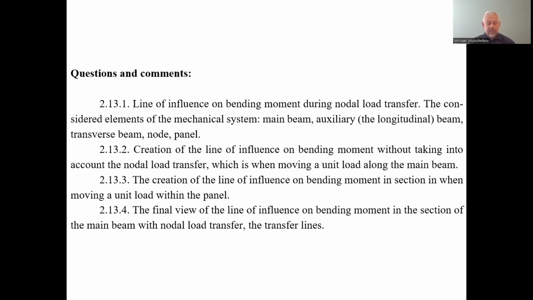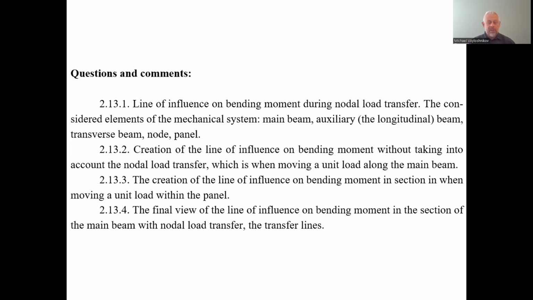The creation of the line of influence on bending moment in the section when moving a unit load within the panel. So considering the balance of the panel, we can find how the support reactions for one definite panel depend on the moving load over the panel.